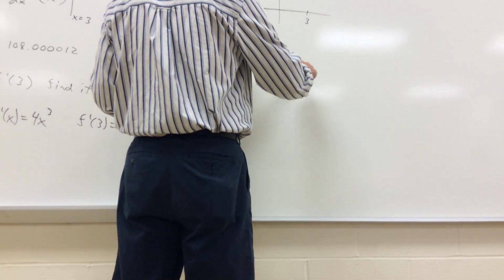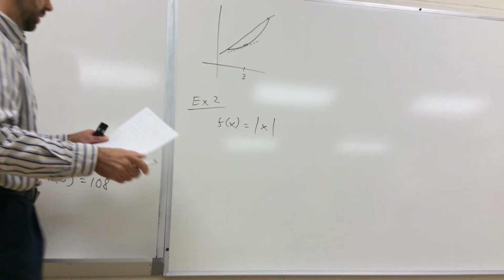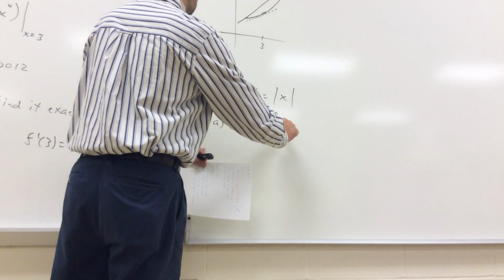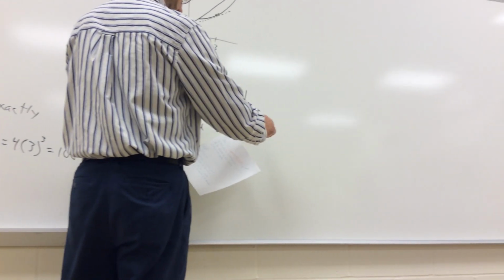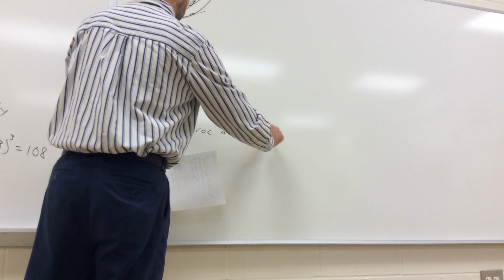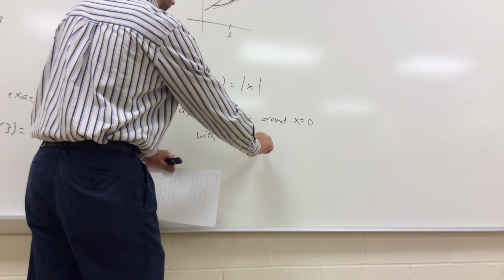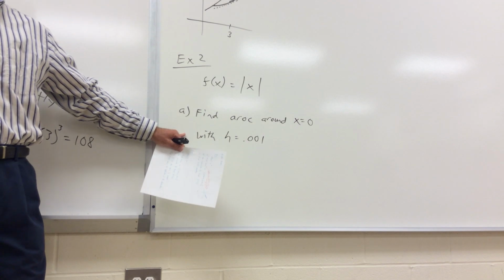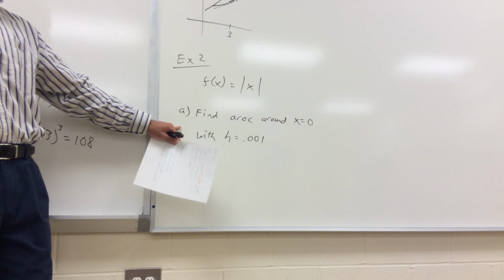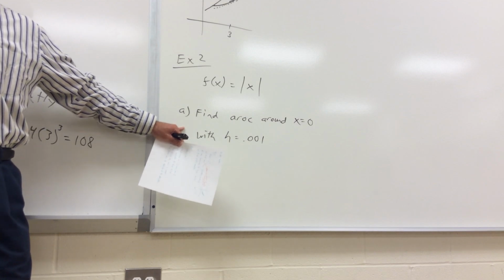So now we're going to change functions and have f of x equal the absolute value of x. And we're going to find the average rate of change around x equals 0 with h equals 0.001.